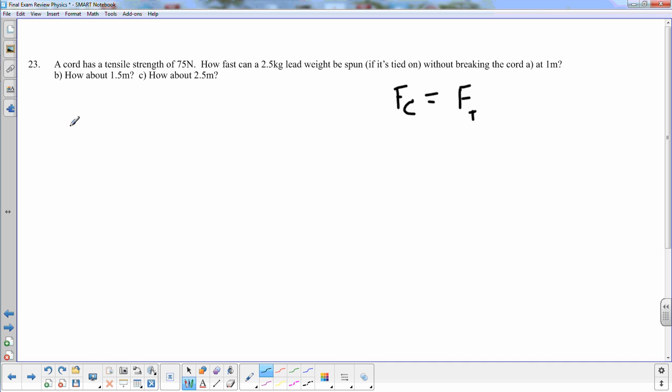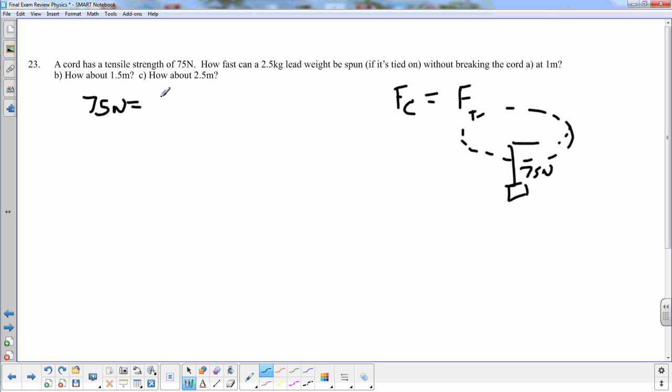So mv squared over r. Our m is 2.5 kilograms. V squared over r. So for our first little piece, 1 meter. For our second little piece, do the same thing. 75 newtons equals 2.5 v squared over, not 1 meter, 1.5 meters.